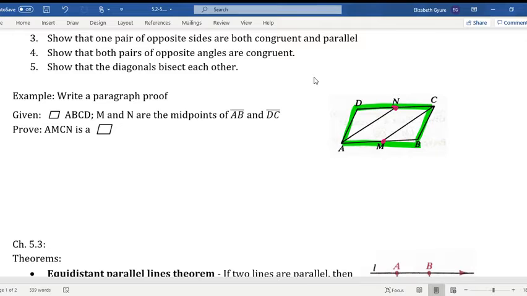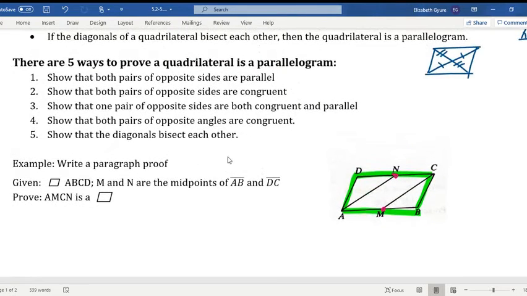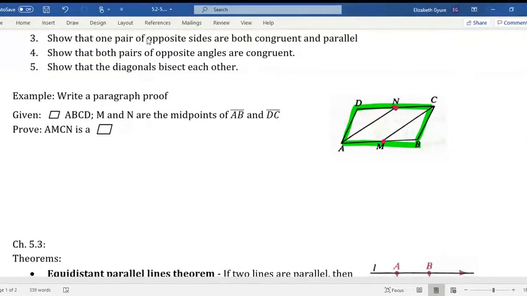So in order to prove that that inside shape, AMCN, is a parallelogram, you're going to have to pick one of these things and show how it could happen. Okay? So thinking about what we're told in our given, what are some things we could say? Let's start to kind of plan it out.